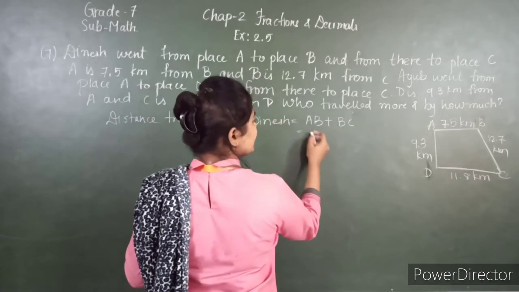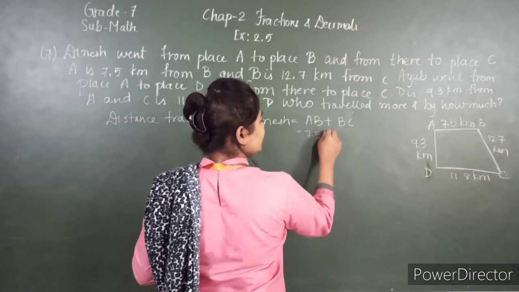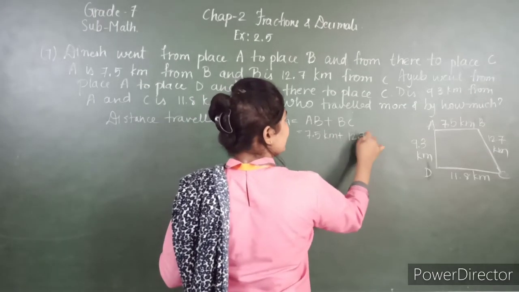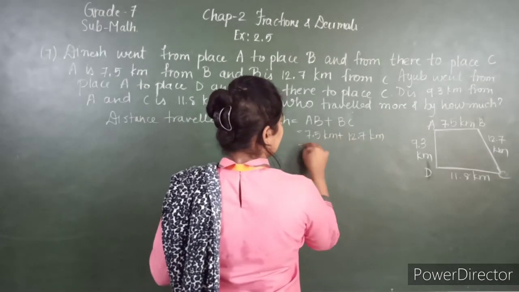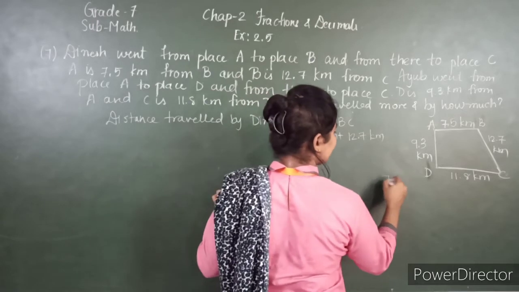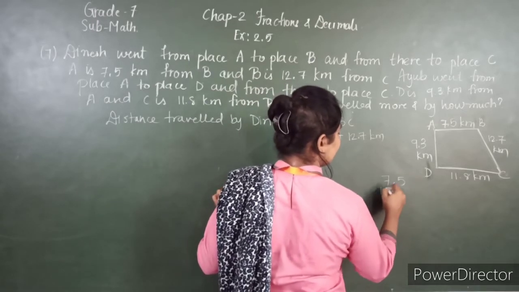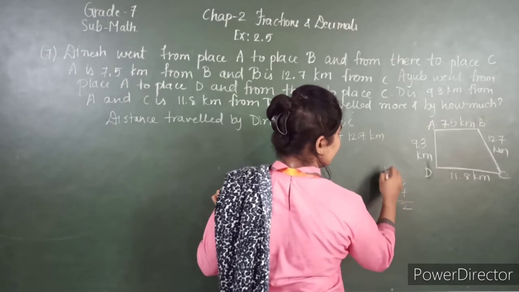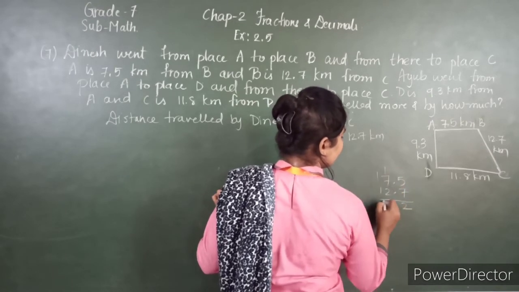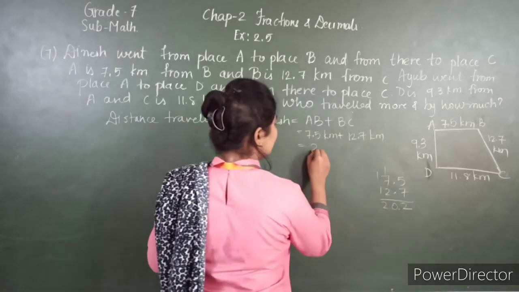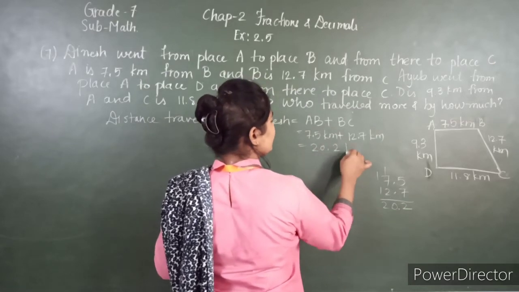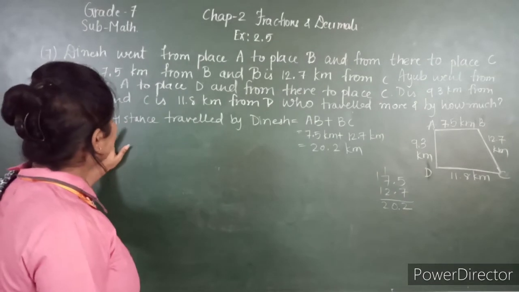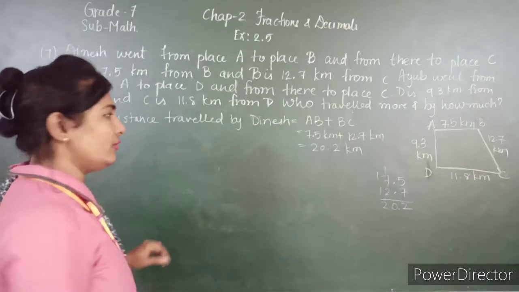So AB is 7.5 km plus BC is 12.7 km. Now we have to add this 7.5 and 12.7. So it is 20.2 km.